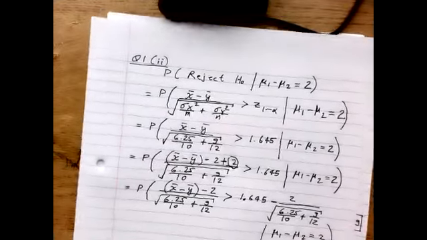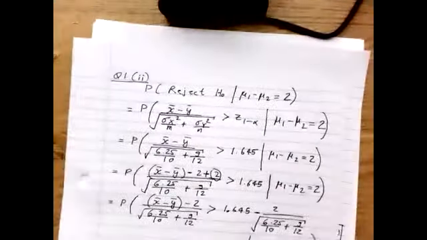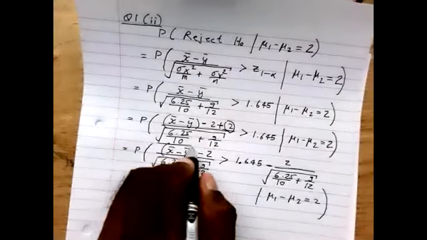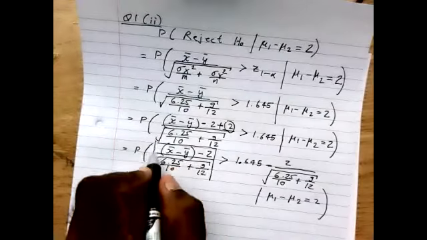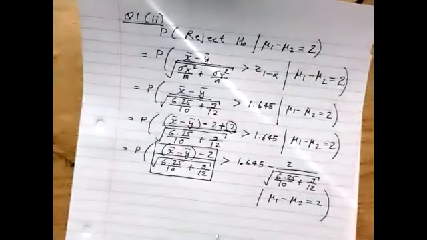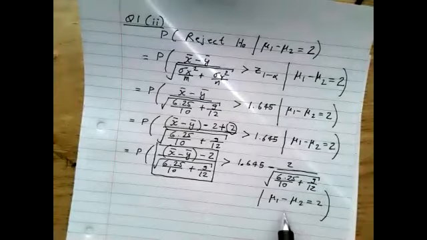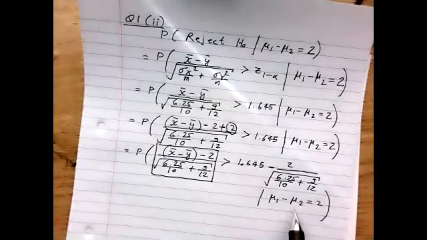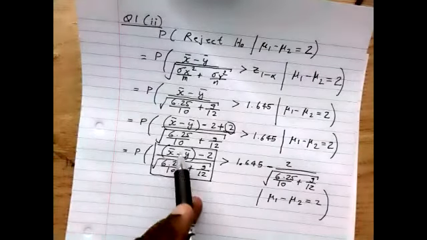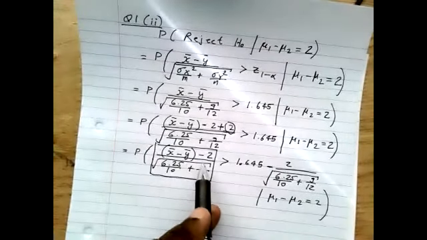Now let me ask you a question, just to check your memory. What can you say about this? What do you think this is, and why? Conditioned on the difference of the population means being equal to 2, this has a standard normal distribution.